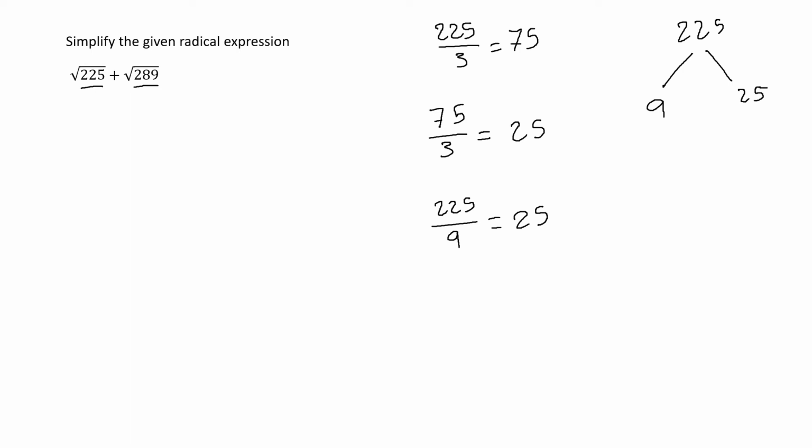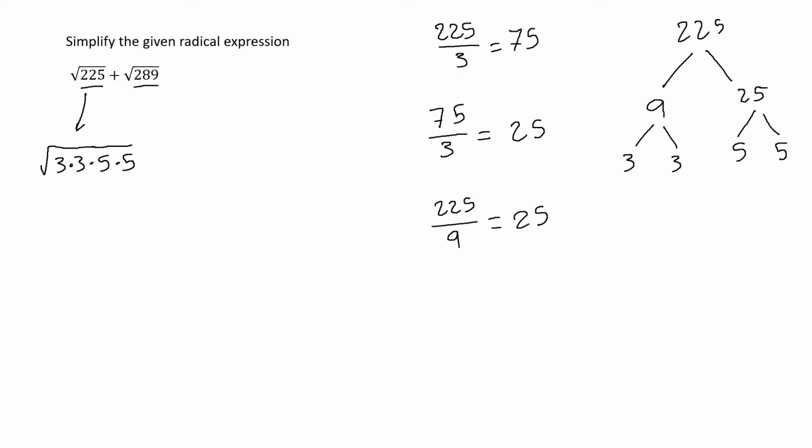And the reason I chose these two numbers is because we know the square root of both of these values, because 9 is 3 times 3 and 25 is 5 times 5. So if we rewrite this as the square root of 3 times 3 times 5 times 5.